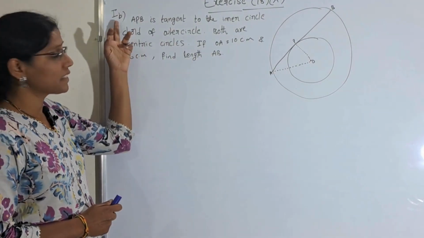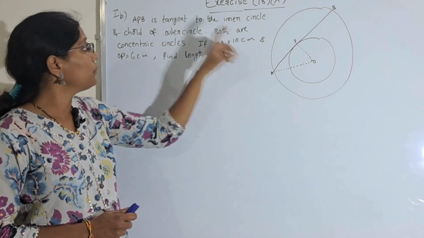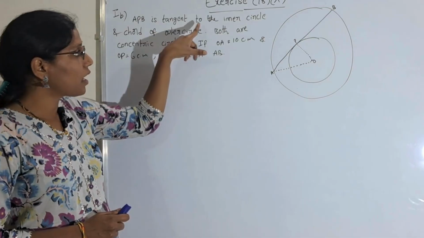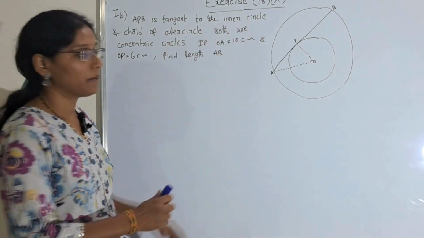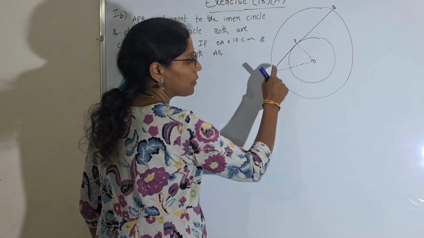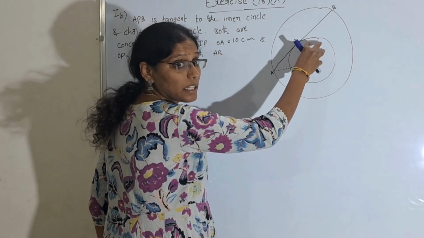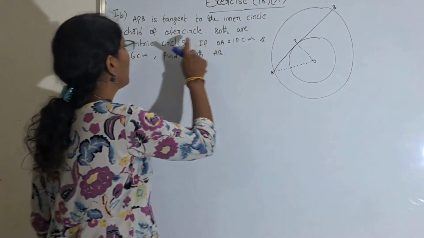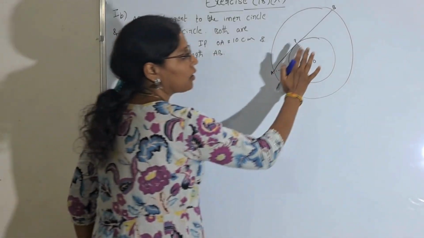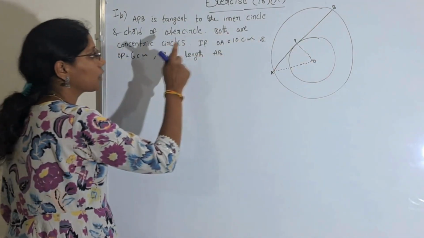Next, first main B problem. Here we have to observe first diagram. APB is tangent to the inner circle. This is inner circle. This AB is the chord. This is chord tangent to the circle. Inner circle tangent is AB. Next, chord of the outer circle. This is outer circle. This is the chord of this circle.